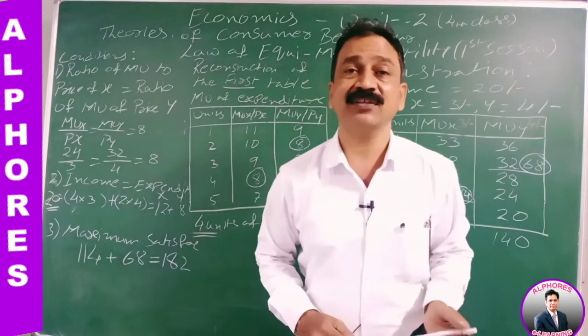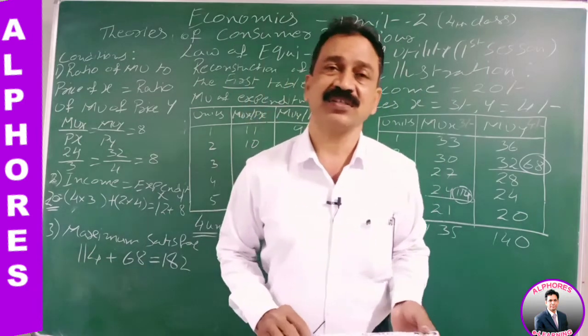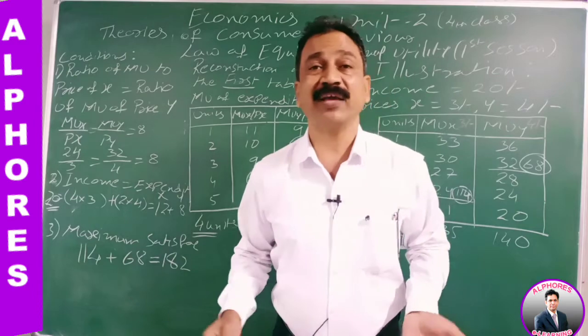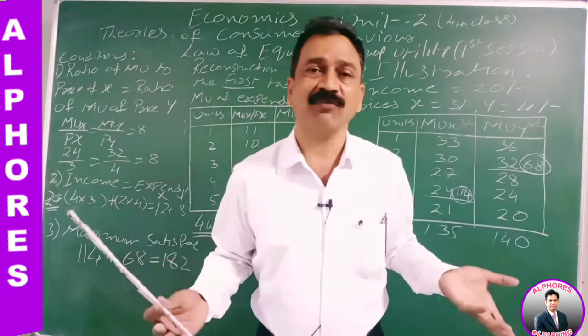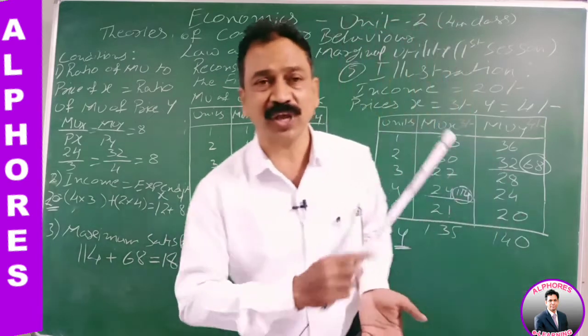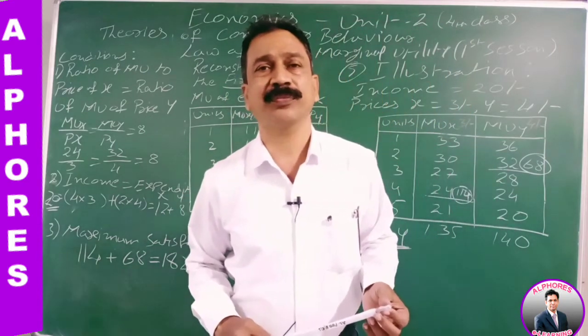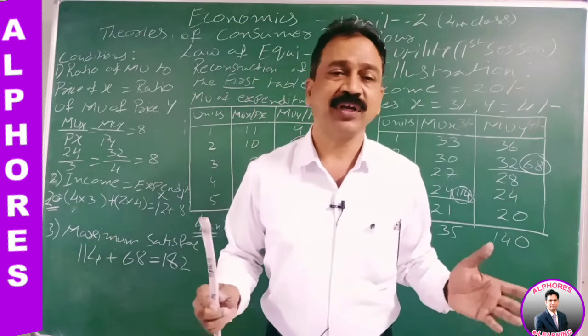That's why it is called the law of substitution, presented by Gossen. That's why it is Gossen's second law. And trying to get maximum satisfaction, that's why it is a law of maximum satisfaction. And we have seen that with the help of these tables and assumptions, rationality and money, marginal utility is constant.